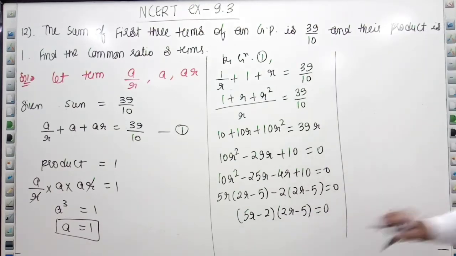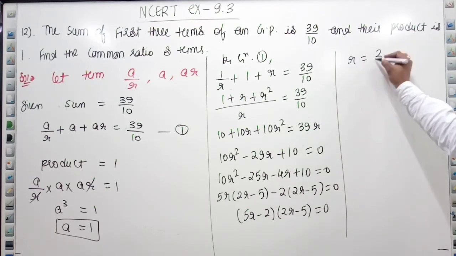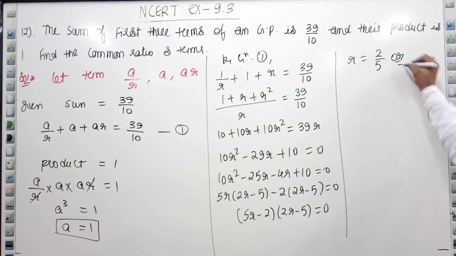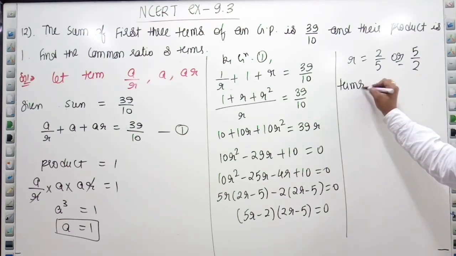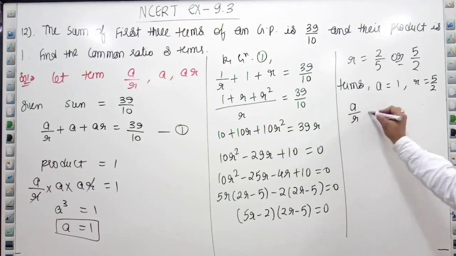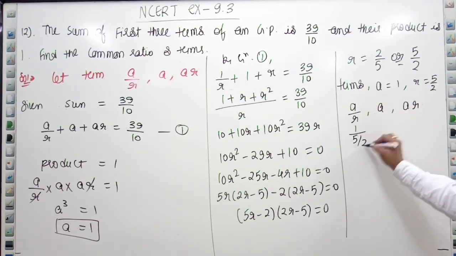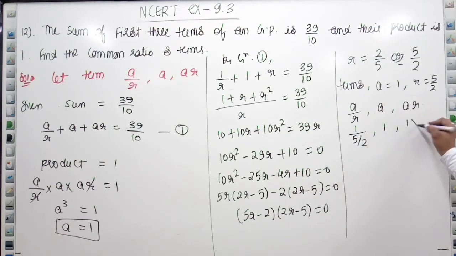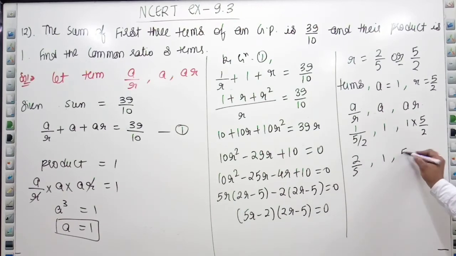So if I equate the first to 0, I will get r equal to 2 by 5. Or if I equate the other to 0, I will get r equal to 5 by 2. Now the terms. In the first condition I am taking a as 1 and r as 5 by 2. So a by r, a and ar: a by r is 1 upon 5 by 2, which is 2 by 5, then 1 and 5 by 2.